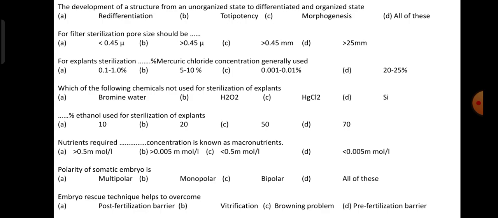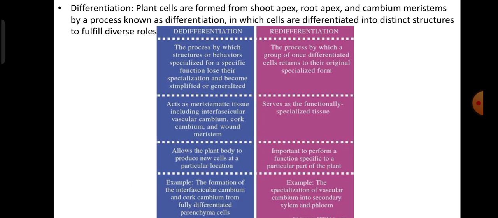Now we shall see the definition of differentiation, de-differentiation and redifferentiation. Differentiation is where the plant cells form shoot apex, root apex, cambium, meristem, meaning different meristematic tissues are produced from cells. That is differentiation. Now what is de-differentiation?